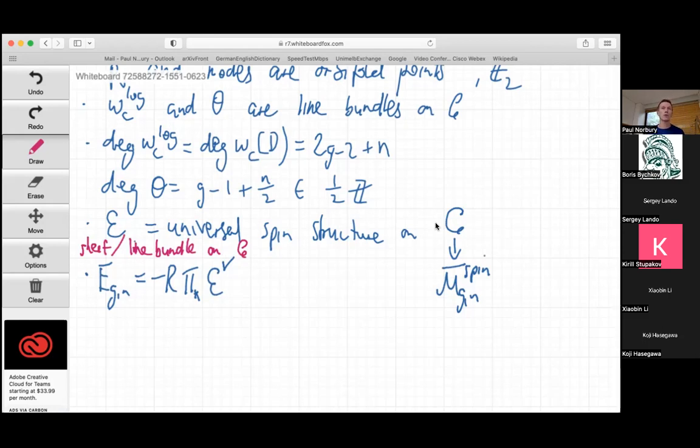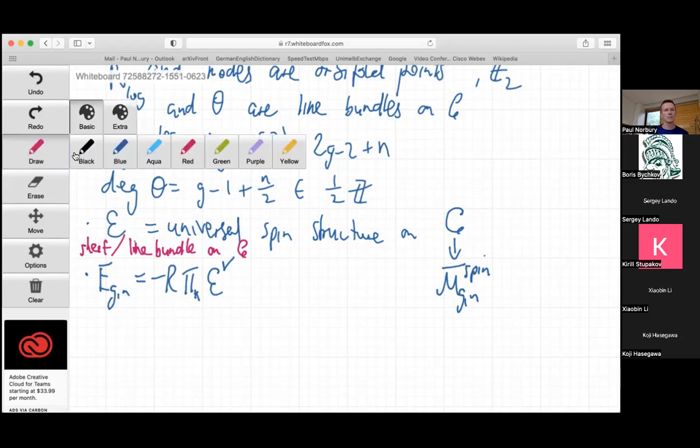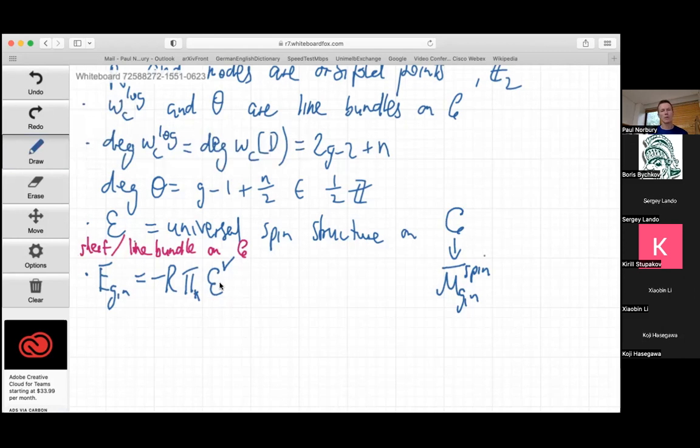The relative log canonical is this guy we called omega pi d. And so then we can take a push forward of a sheaf. We're going to take the dual of this sheaf. We can take its push forward sheaf, which will give rise to a virtual bundle.